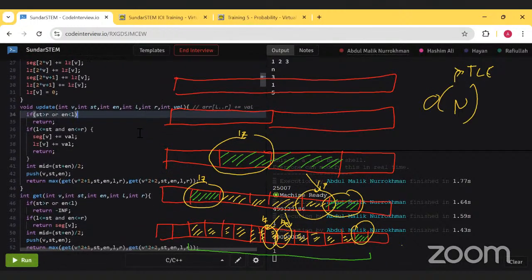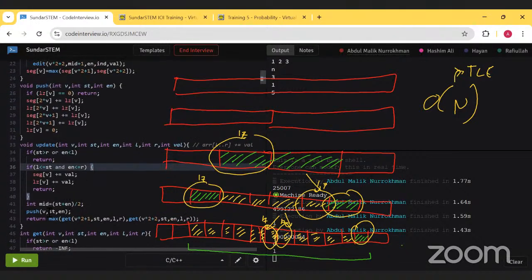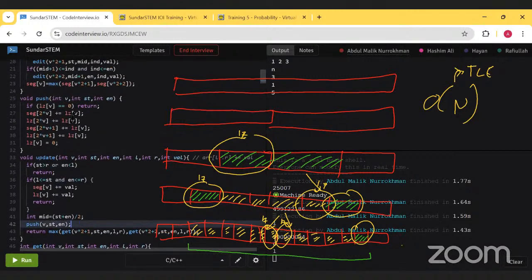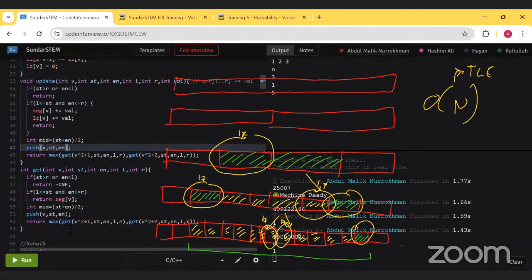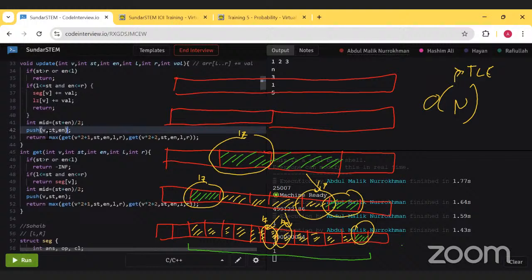Okay. Yes, Ayan asked, what do we pass this value for? Yes, for this problem we don't need this. But in some other problem, let's say we don't want to find the maximum, but we want to find the sum, what should we do?